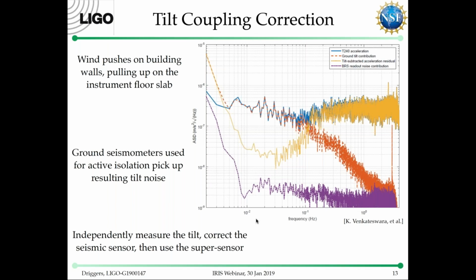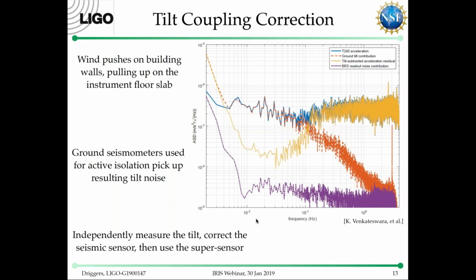So the mass will still look like it's moving, but instead of moving due to true horizontal motion, it's moving due to the seismometer being tilted. But the seismometer doesn't know that, and so it reads it out as true horizontal motion. Since we use the seismometers, we are actually injecting this tilt motion into our seismic isolation platforms.